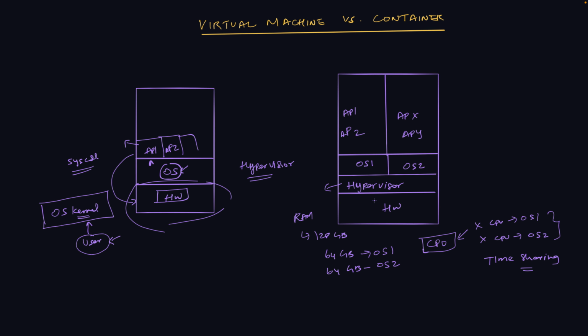So now the advantage is we have this massive hardware capacity within our hardware, and this hardware can be effectively used by two different operating systems. They run in parallel.